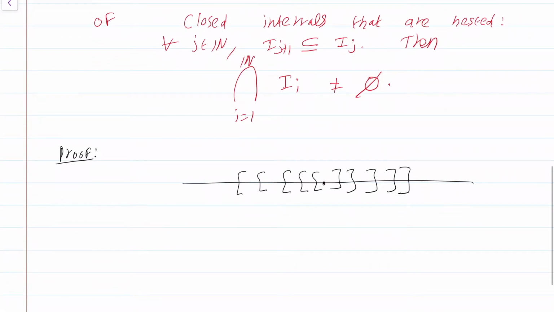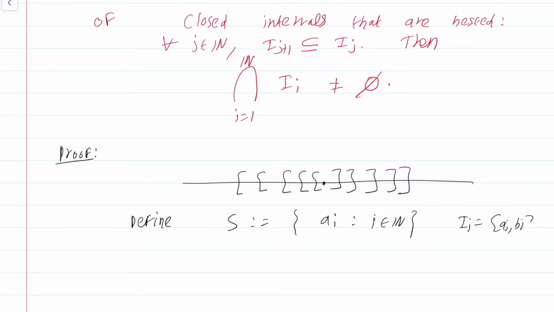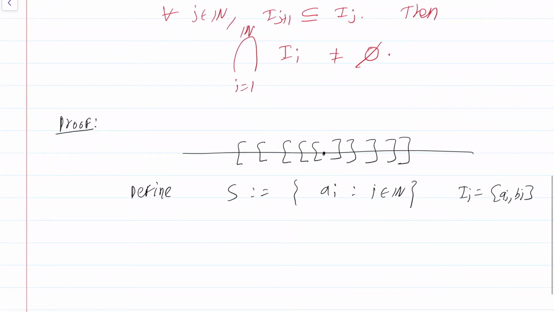Now, how do I prove this? Well, define S to be the collection of a_i such that i is in N. Note, I_i was just [a_i, b_i]. So I have these closed intervals. I'm just looking at all the left end points and putting them in a set.